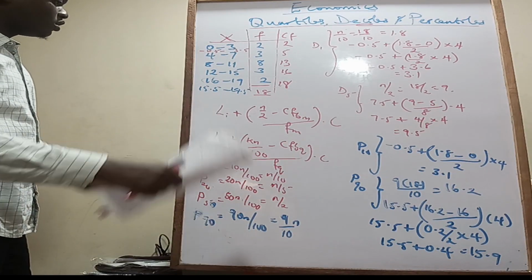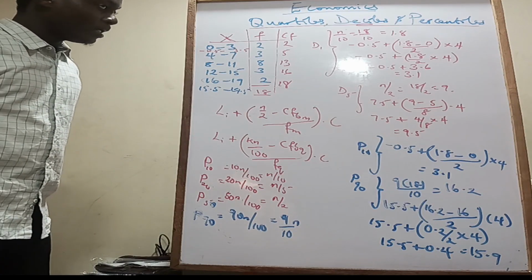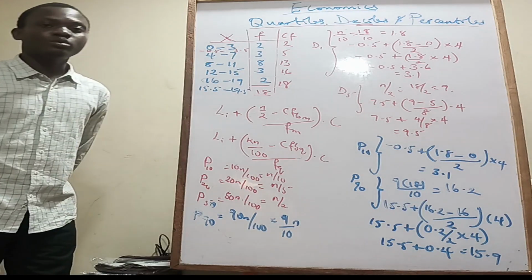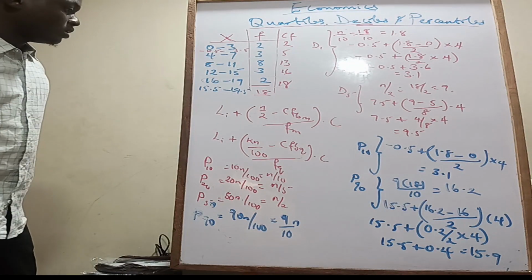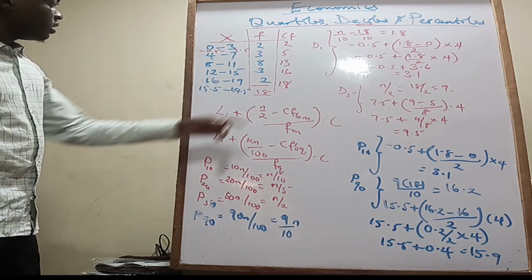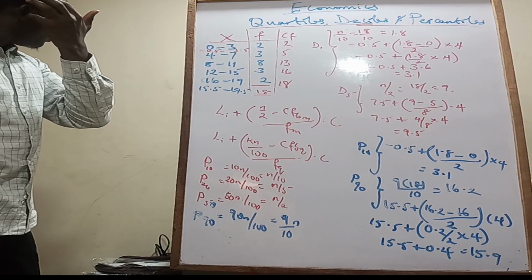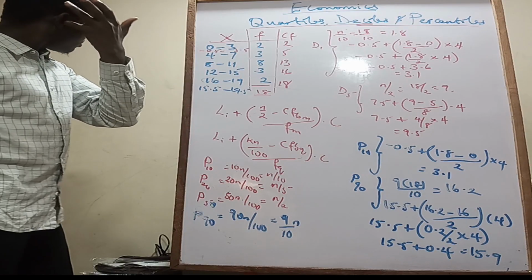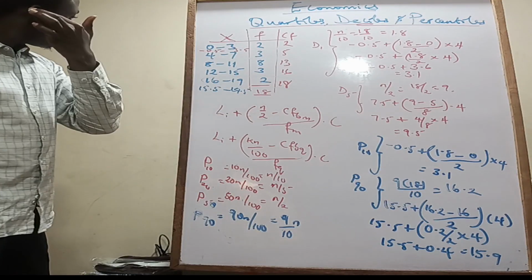Alright, so let's check it out again. P90, 9 times 18 over 10. 9 times 9, 81. 81 times 2, 162 divided by 10, 16.2. 16.2 is more than 16, so it is around this figure.